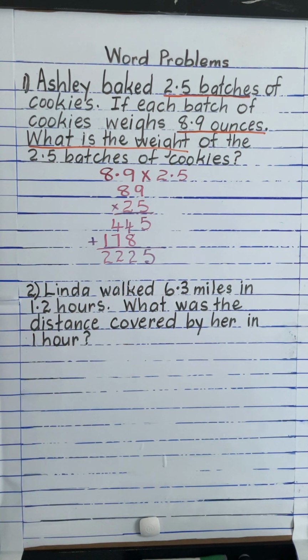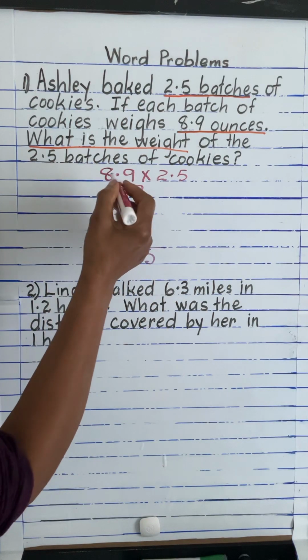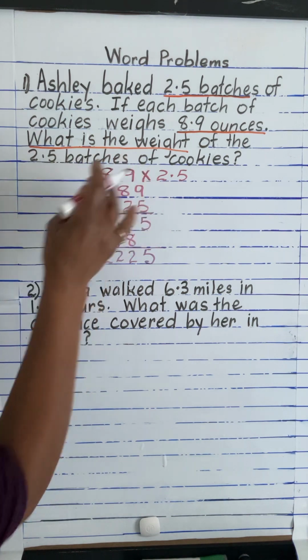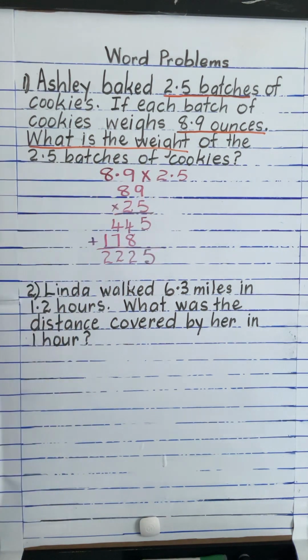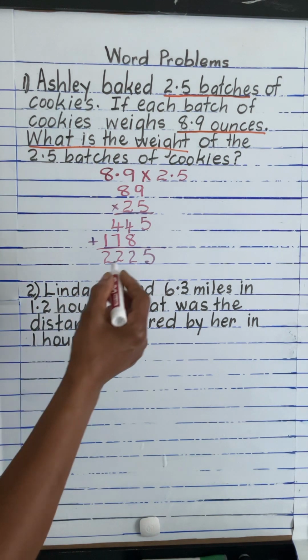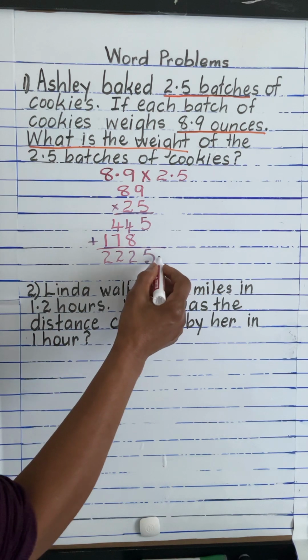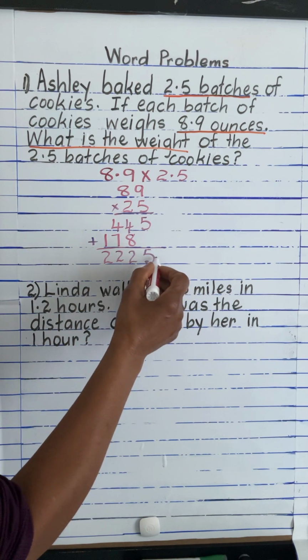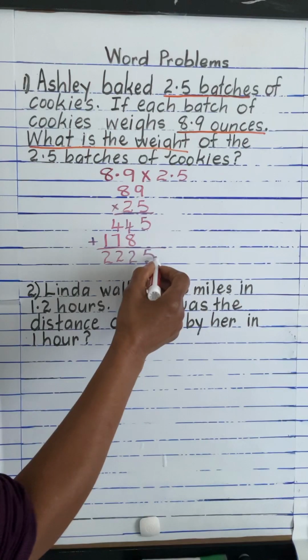So we finished with our multiplication, so we need to fix our decimal points. 8.9 has one place of decimal, 2.5 has two places of decimal. Hmm, rather, 8.9 has one and 2.5 has one, so our answer will have 2 places of decimal, and we count from right to left.